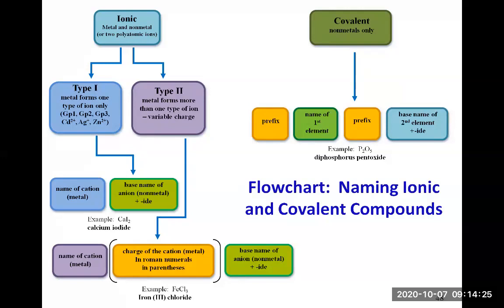So these are the type 1. They don't need a Roman numeral in parentheses to say the charge. Only the type 2 metal needs that. Otherwise, it's just the name of the metal, like it is in the periodic table. And then the second element, the non-metal, you take the root of the name and change the ending to ide.